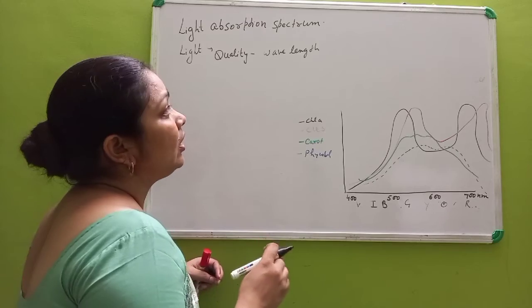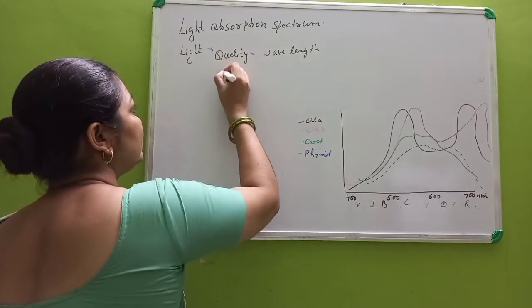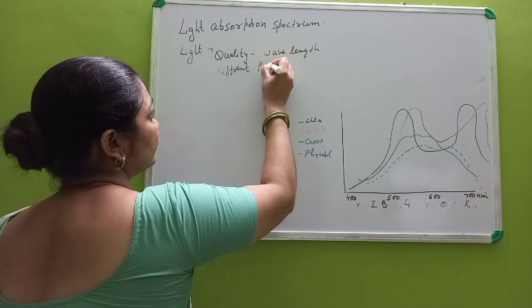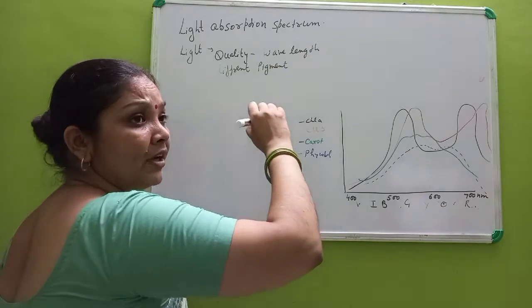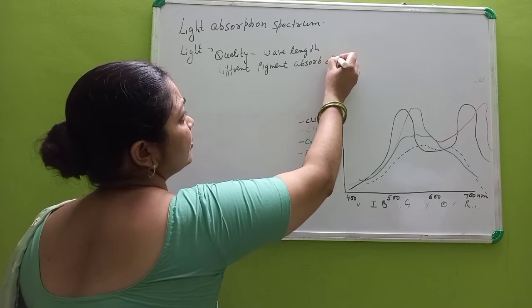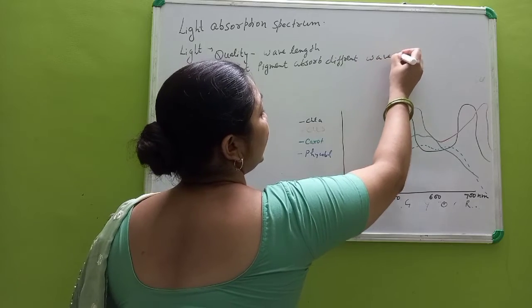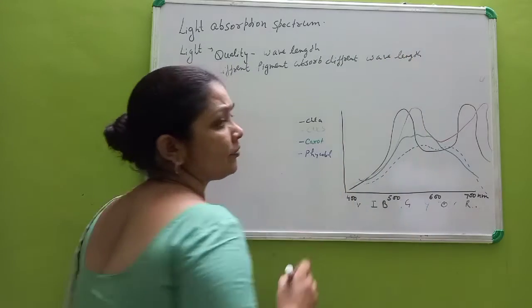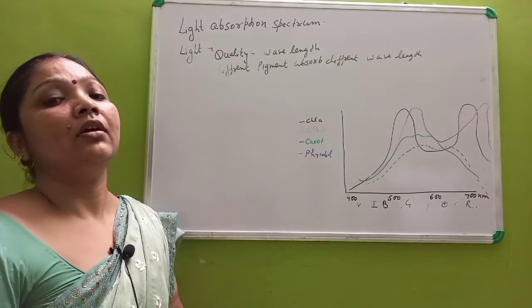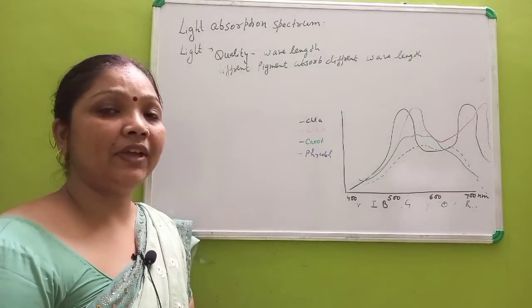Actually, we all know that different pigments absorb different wavelengths. We know that different pigments, that is chlorophyll A, B, carotenoid, phycoxanthin, whatever is present, will absorb a specific type of wavelength.